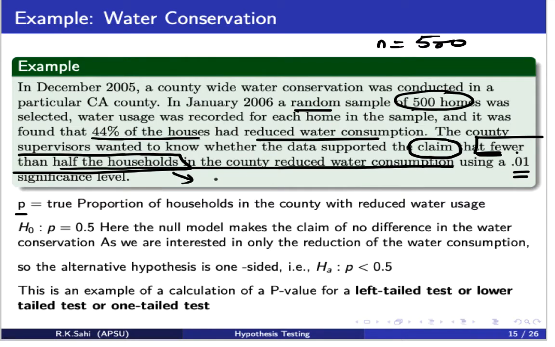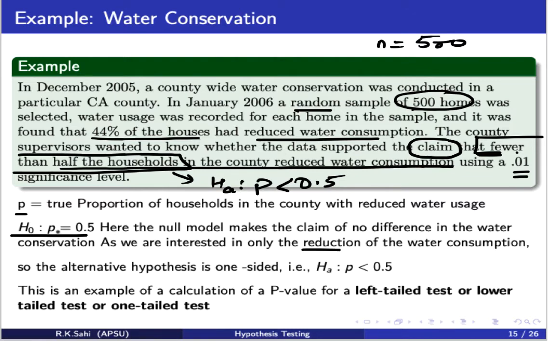So this is a giveaway that the alternative hypothesis is proportion less than 0.5. Once you have the alternative hypothesis, automatically you know what the null hypothesis would be: p equals 0.5. The null model is not making any difference between the water conservation. It is only interested in the reduction of it.